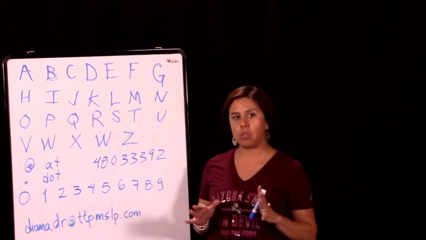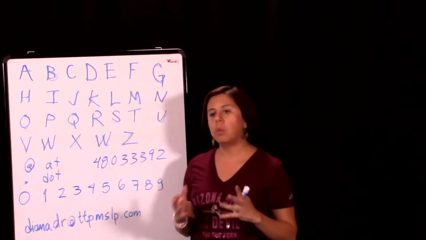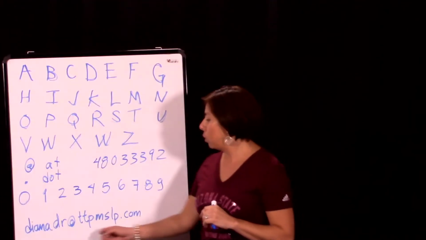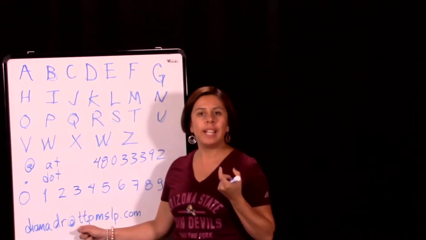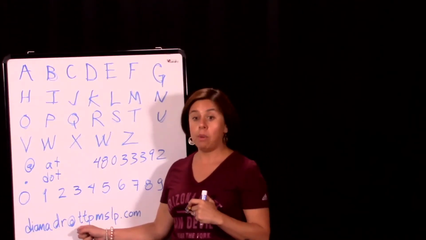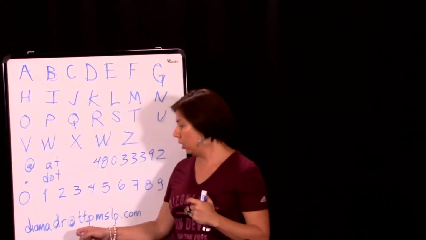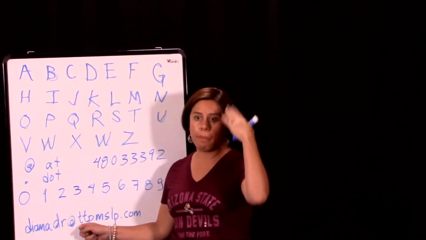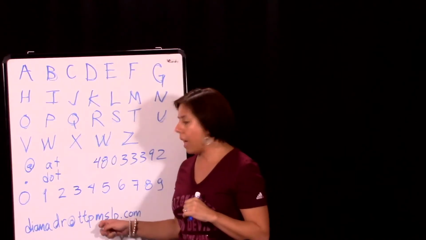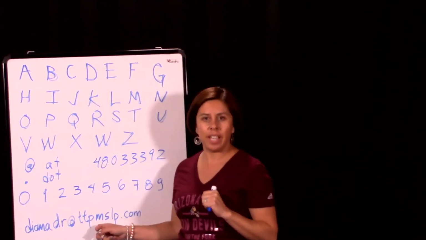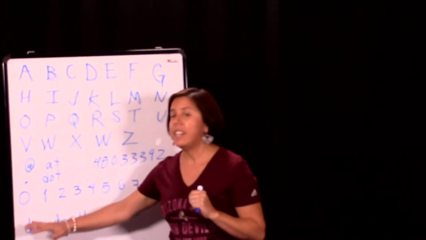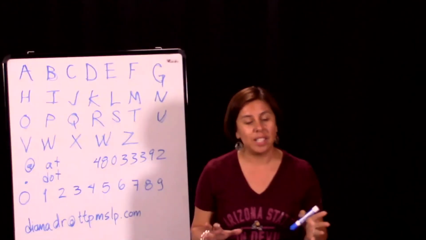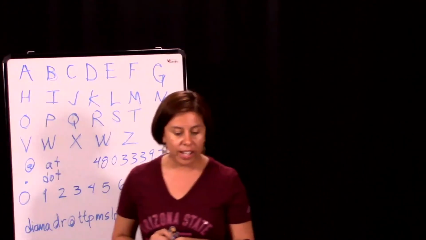Okay? If somebody has trouble understanding what you just said, you have to give, together with the letter, the name of something that you know. So T of top, okay? M of mom, okay? Good. So now I want you to practice by yourselves, okay? Very good.